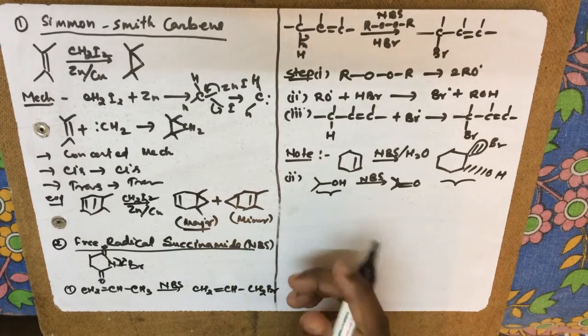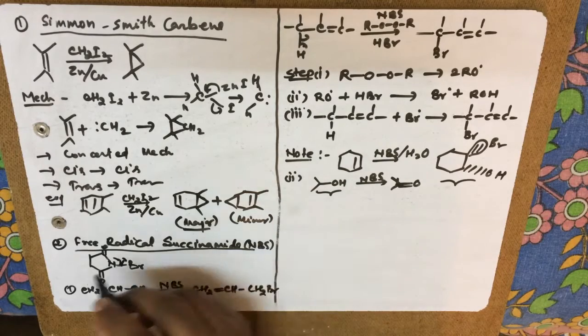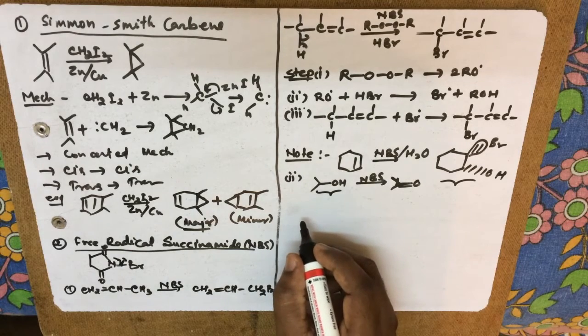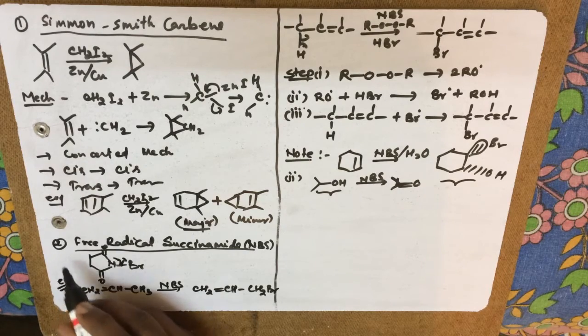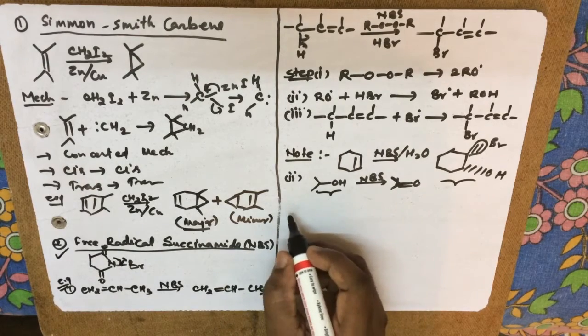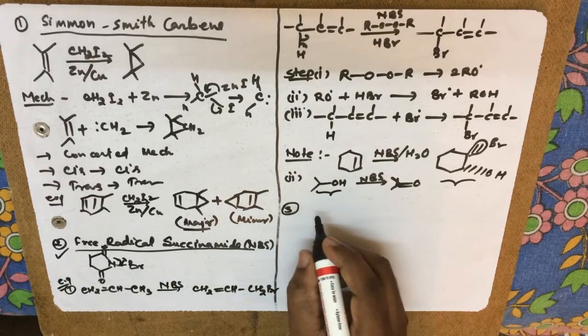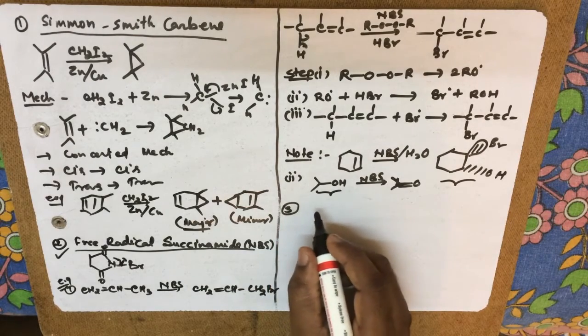Next direction is which one? Number... this is the example. So this one is 2, now 3 is benzyne mechanism.